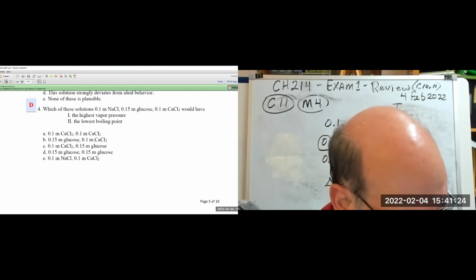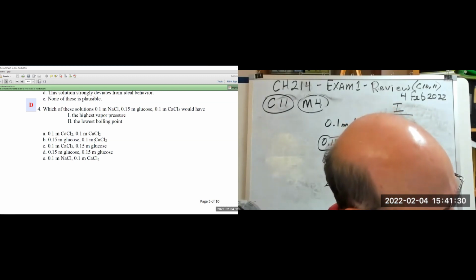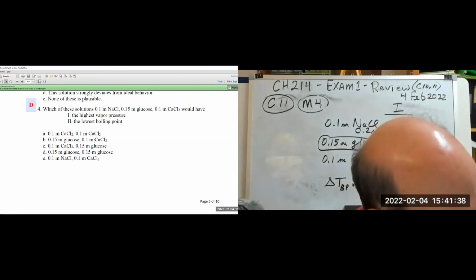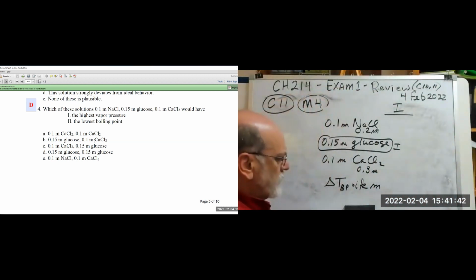Okay. If you increase the molality, you increase the boiling point.